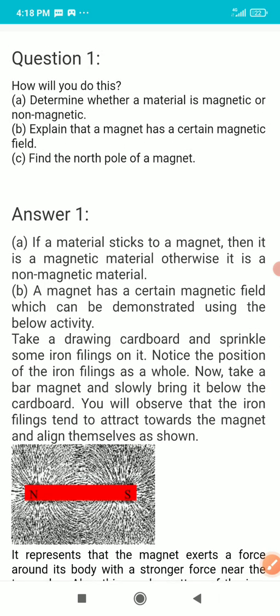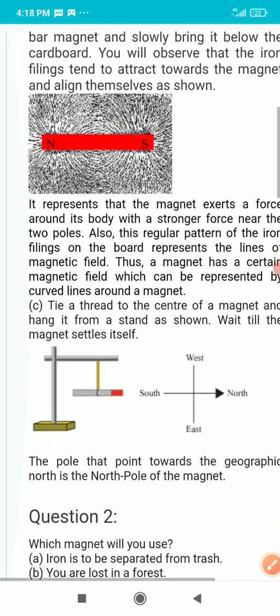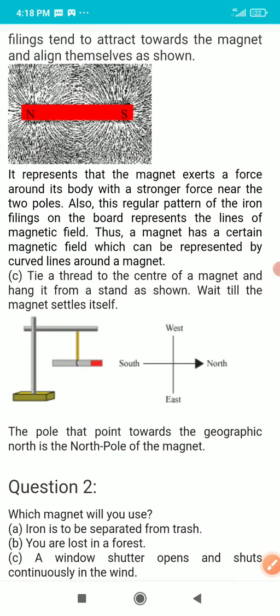C. Find the north pole of a magnet. Answer: tie a thread to the center of the magnet and hang it from a stand as shown. Wait till the magnet settles itself.